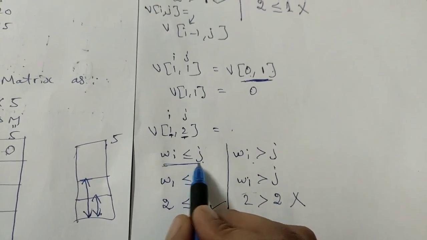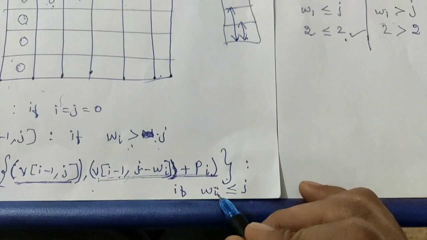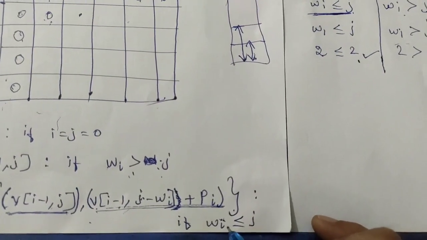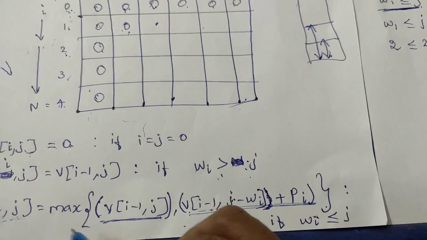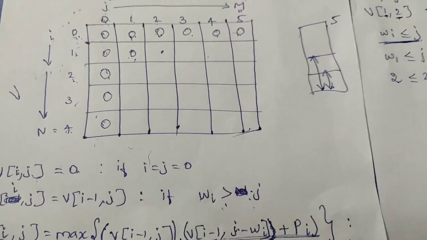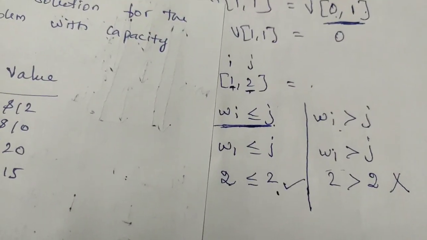That is, as per this condition, what is the formula I need to select? If the weight of the item is less than or equal to the current knapsack capacity, I have to select this as the formula. So as per that, let us write that formula.